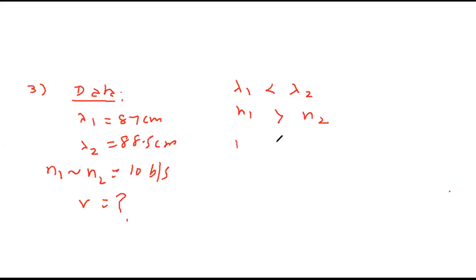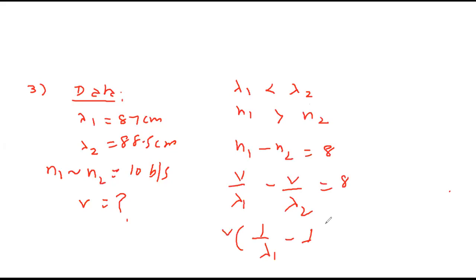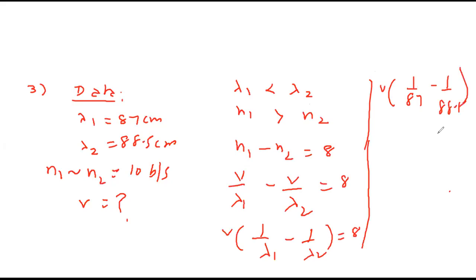So n1 minus n2 is the 8 beats. N1 is V by lambda 1, n2 is V upon lambda 2, equals 8. V common, 1 upon lambda 1 minus 1 upon lambda 2 is 8. Therefore V into 1 upon 87 minus 1 upon 88.5 equals 8. So V into 88.5 minus 87 upon 87 into 88.5 equals 8.